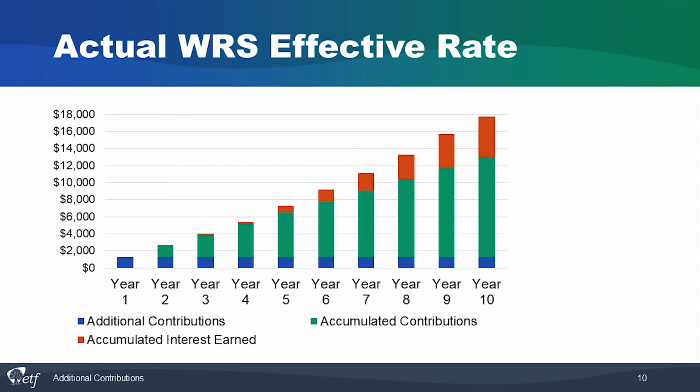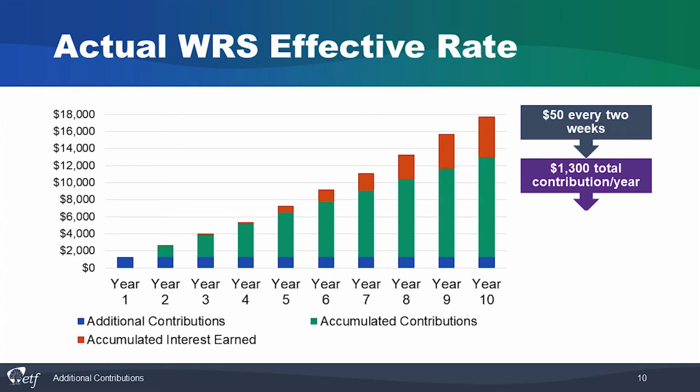Our next hypothetical example takes a closer look at what this would look like if we applied the actual WRS effective rates of interest from a specific 10-year period. We're talking the same amount of money being deposited, but look at the actual interest rate that occurred instead of the hypothetical 5%. As you can see, it's the same $13,000 that goes in.